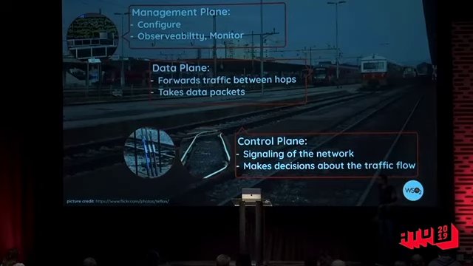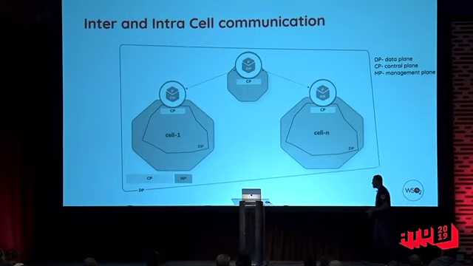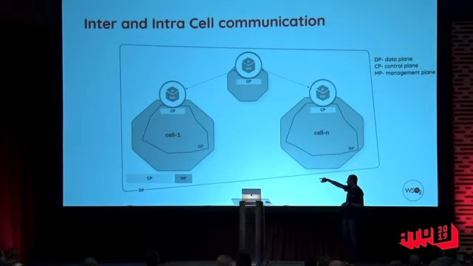So we use these three concepts while building the communication, inter-cell communication as well as intra-cell communication. If you are familiar with service mesh, it's easy to understand, but this is kind of service mesh plus plus, because you get a control plane and a data plane inside the cell, and then you get a control plane, data plane, and a management plane outside the cells as well.